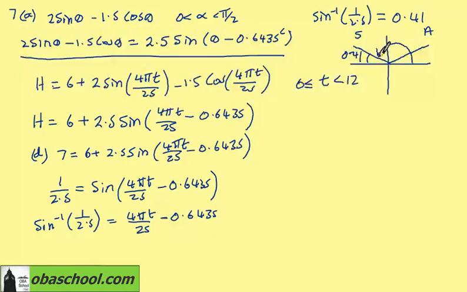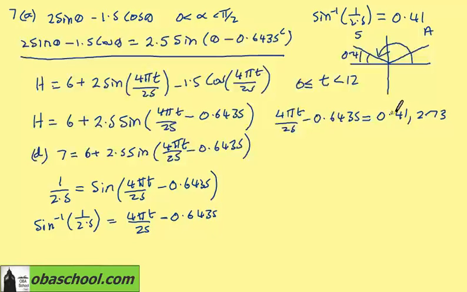So the angle is pi, take away 0.41. So we're going to get 4 pi t over 25, take away 0.6435 is 0.41, or it's equal to pi take away 0.41, which is 2.73. I'm actually going to use more than I've written down here of these numbers.